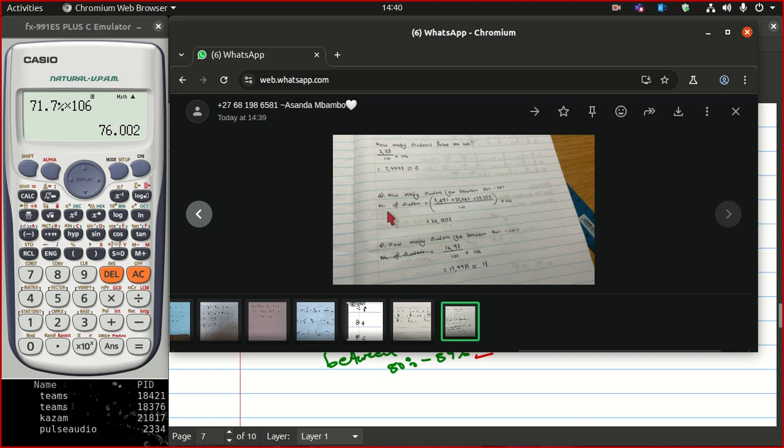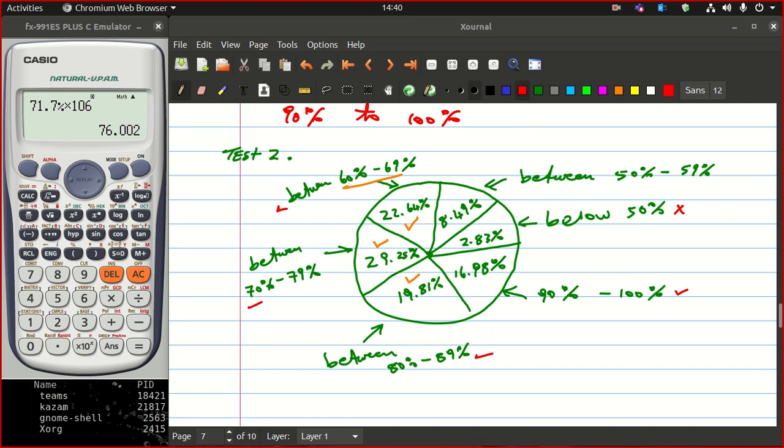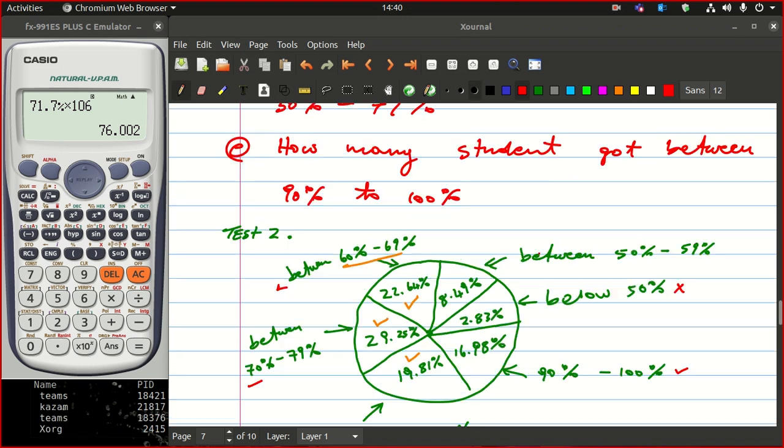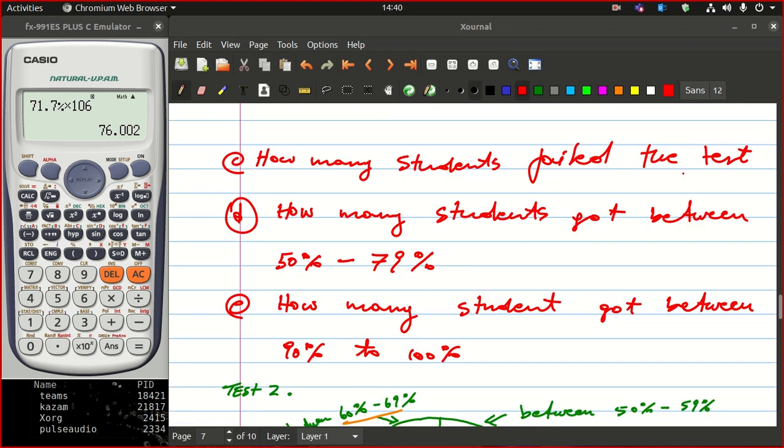Let's look at number D. The first question, how many students failed the test? So we took that 2.8 and then divided by 100 and multiplied, you got the answer. Thank you.